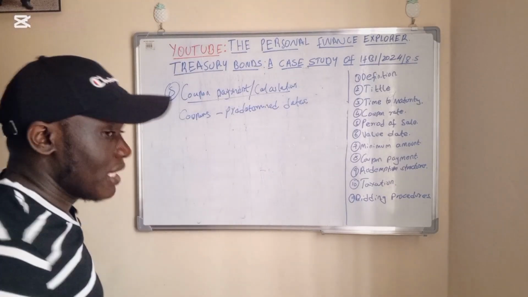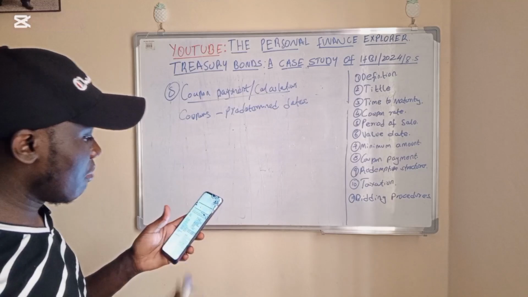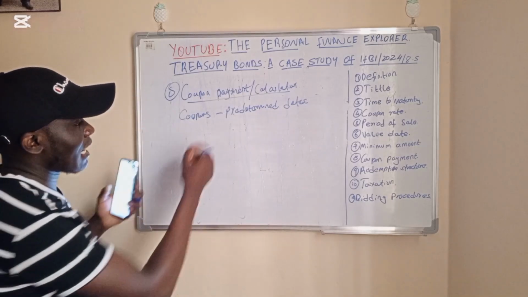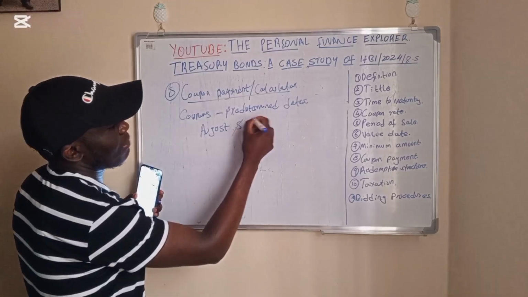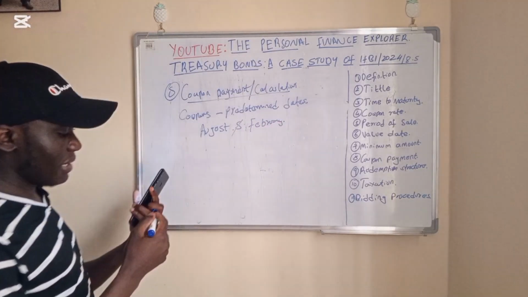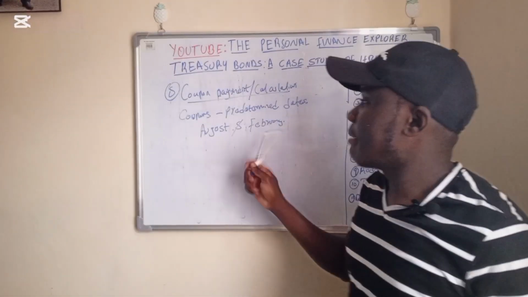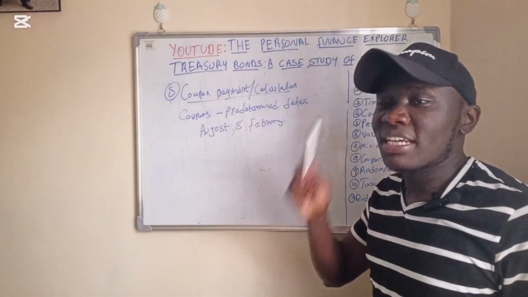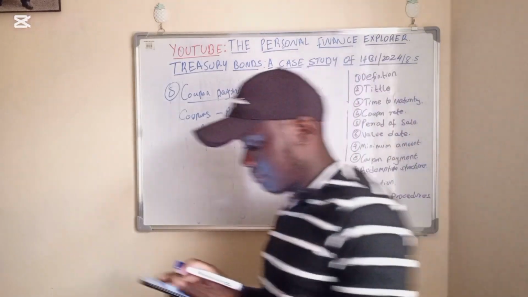Like for this particular bond, this bond will be paying coupons in August and February. And to be more specific, the dates in the months of February and in the month of August are already predetermined for when the interest will be paid.